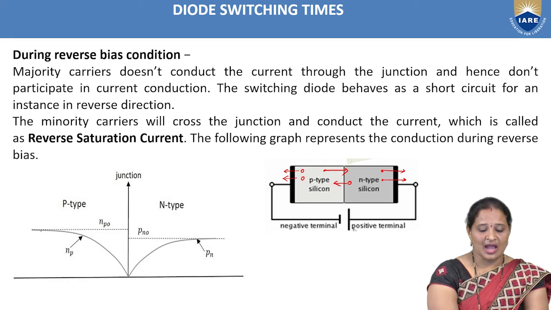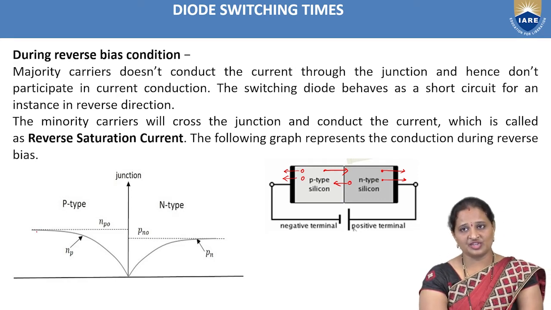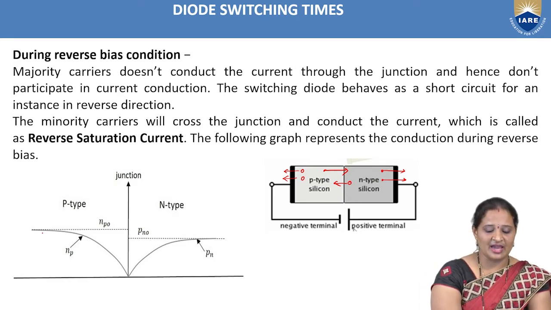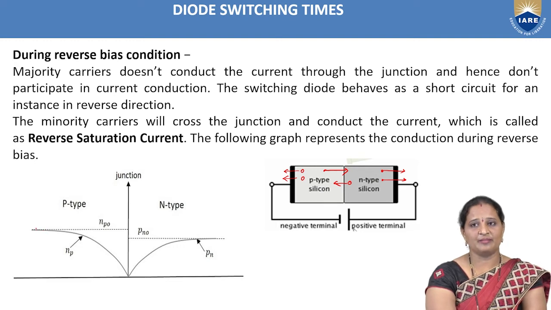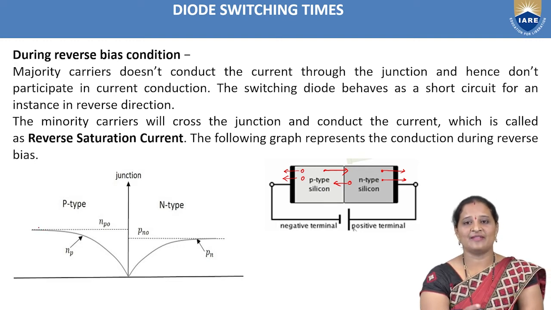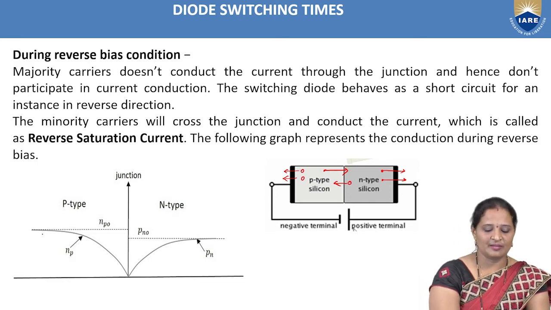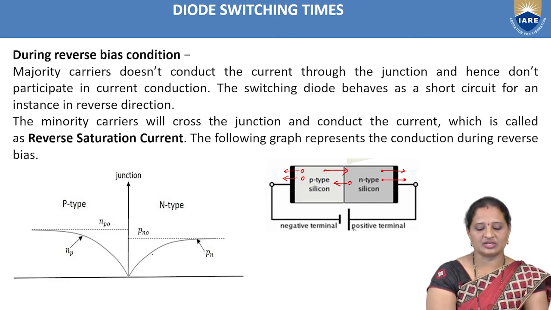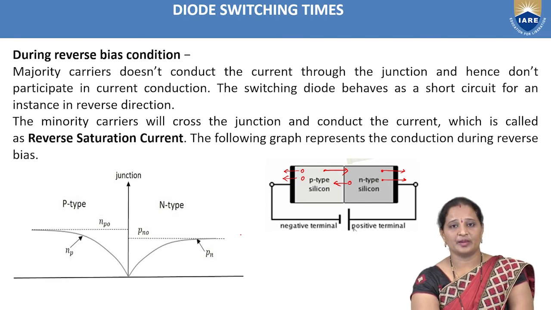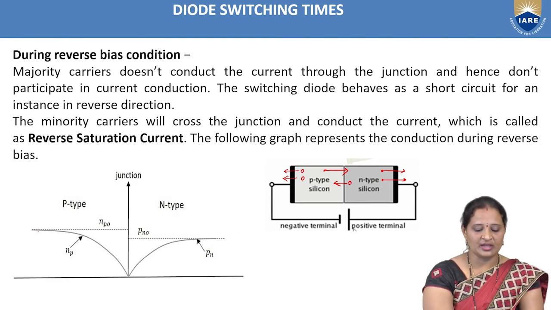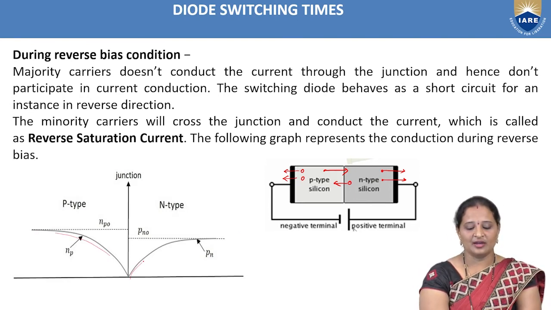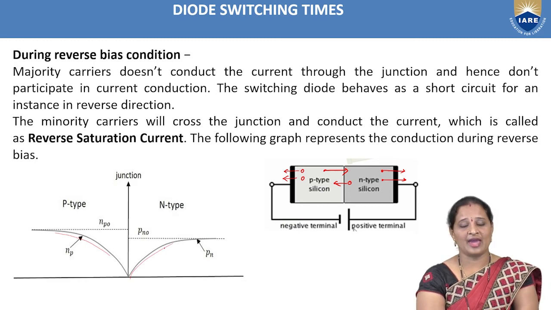Now, under reverse bias condition, these minority charge carriers will be crossing the junction and they will be recombined, and hence the minority charge carrier concentration near the junction will become 0. This graph shows the carrier concentration near the junction.